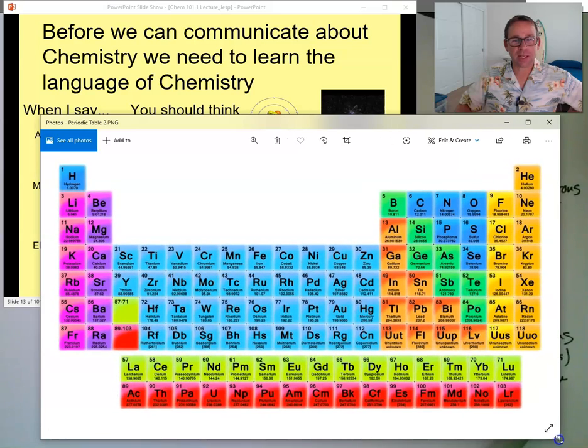This is a table called the periodic table of elements. All the elements that exist in the universe, everywhere and beyond, are on this periodic table. So you can think of it as the Legos, all the different kinds of Legos that exist in the world, and everything we're going to be able to make, or everything that occurs, all reactions, all changes, is because of the interaction of different sets of these elements.